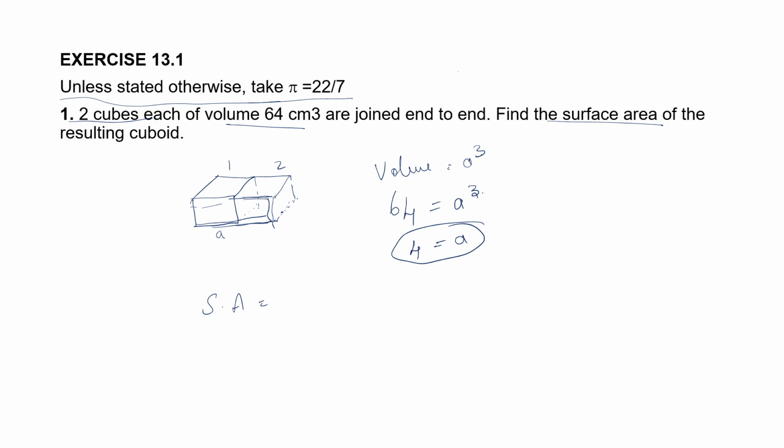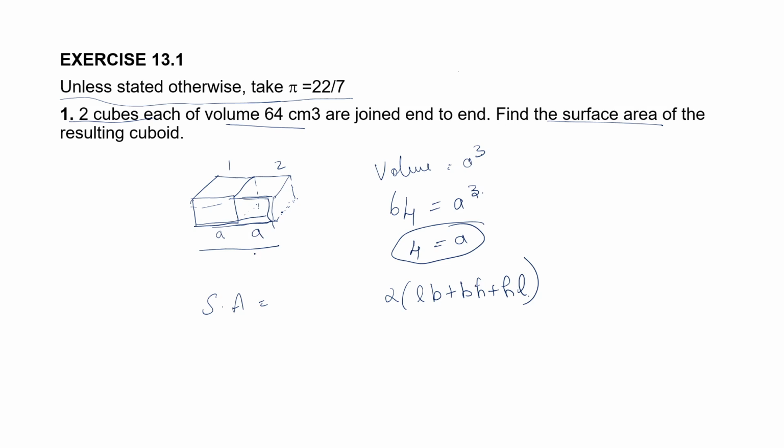You can do this in two different ways. You can directly put the surface area of a cuboid, or you can put it in a different way also. Okay, so I'll give you both types. For a cuboid it is 2 into LB plus BH plus HL. So what is L here?